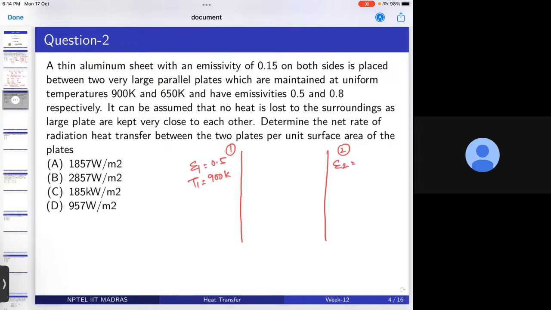This is E2, that is 0.8, and T2 is around 650 Kelvin. In between, we have a thin aluminum sheet, which I am naming as 3. Both sides have an emissivity of 0.15. We have to find out the net radiation heat exchange between 1 and 2.